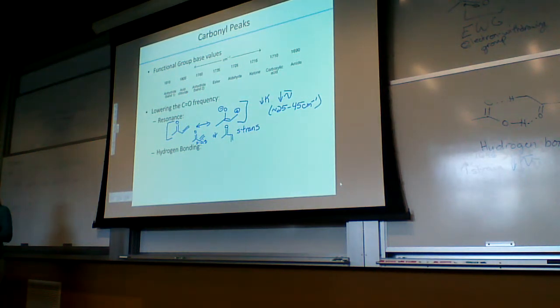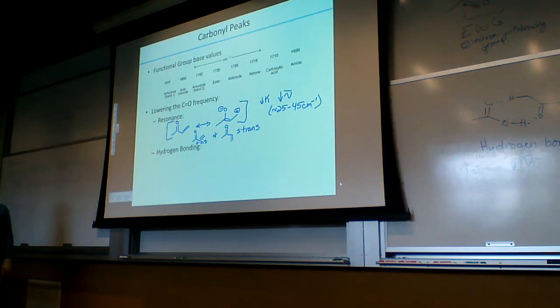Now this is only if they are not in a ring system, because if they're in a ring system, they're going to be stuck in the S-cis conformation. No, sorry, said that wrong. The S-trans conformation. But if it is acyclic, they can flip over, and you may see more than one band in that region, because you're seeing the two different conformations. You've got to be careful when you're interpreting those.